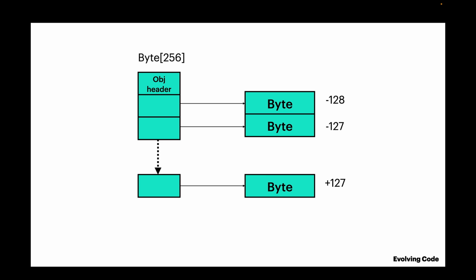You will have 256 byte objects starting from minus 128 to plus 127 with the 0 coming in between. With this, every time you need a byte object, you will just do a lookup of the object and get that object and use it in the operation or store it whenever you want.